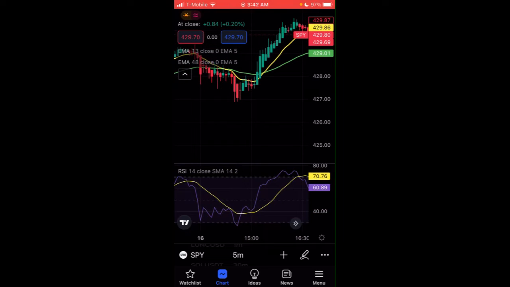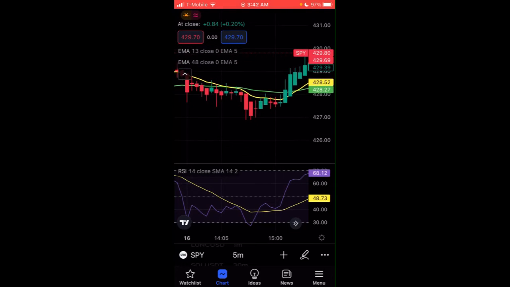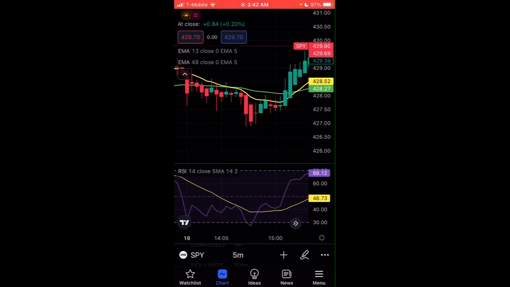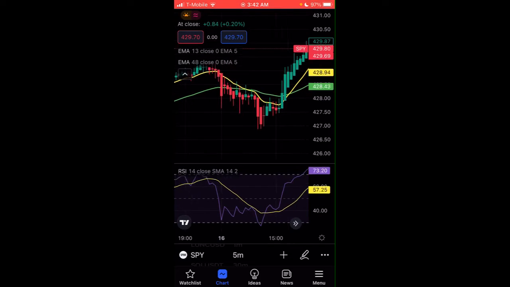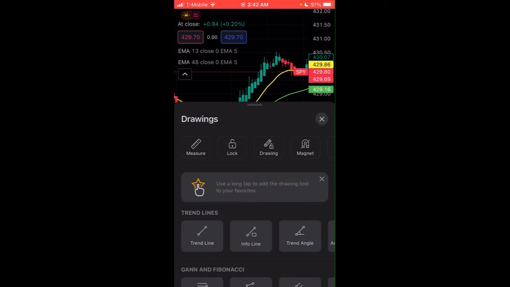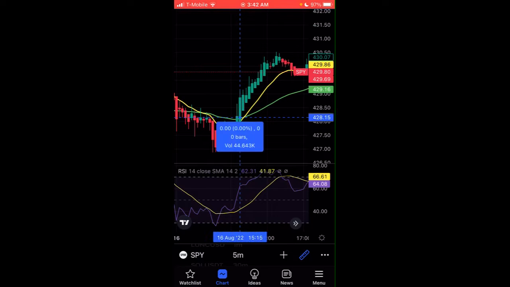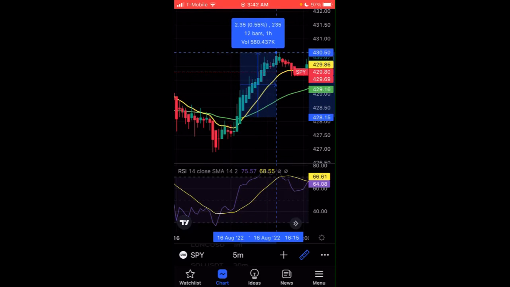So let's just see how much you would make just going by this. So let's see, it crosses up right here in the 5 minute. So if you got in right here and you rode it up, the difference in price is 2.23.